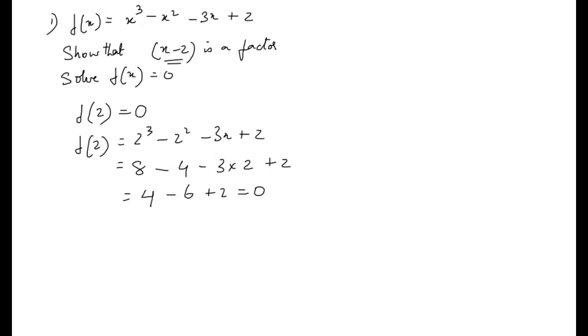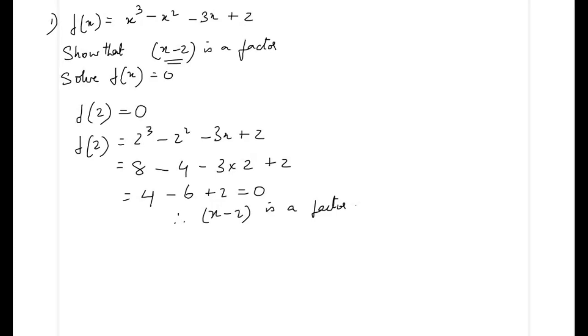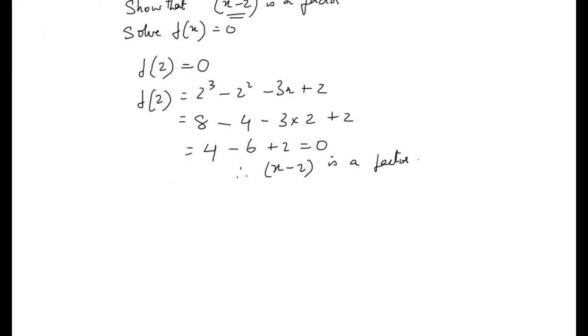Okay, so we've shown that f of 2 is 0, therefore x minus 2 is a factor. That's the first part of the question, show that x minus 2 is a factor. Now we're going to do the second part, which says solve f of x is equal to 0.